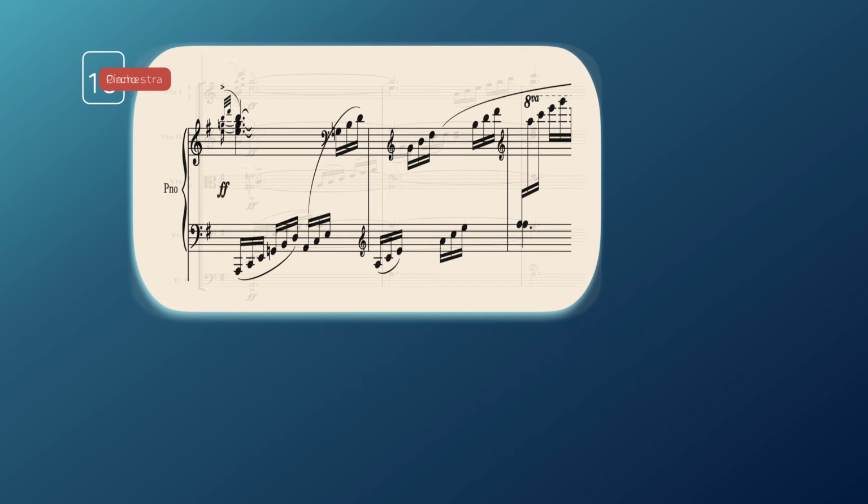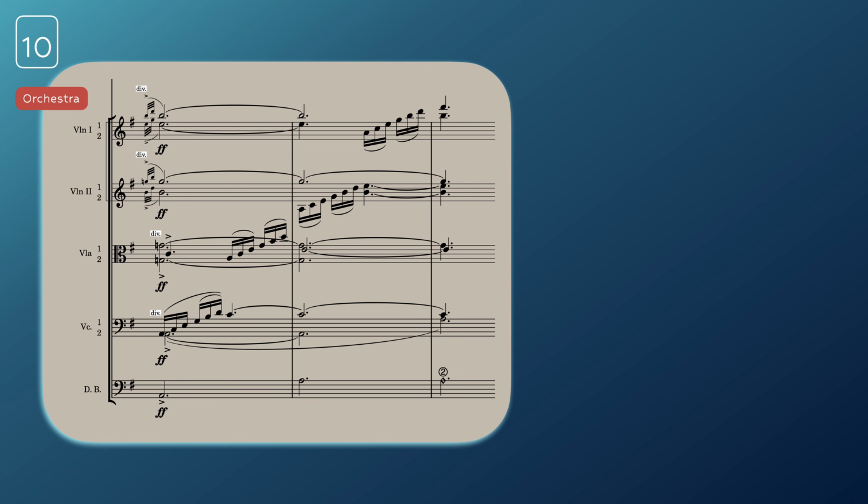Let's look at Ravel's solution. First, reduce the score to see patterns.